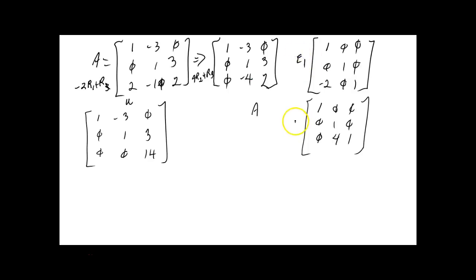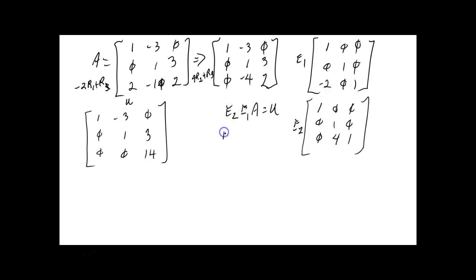Yeah. And this is E2. So we multiplied on the left by E1 and then by E2. Now, we need to do something to get this back to A. And this, by the way, is equal to our U. To get back to A, we are first going to multiply by the inverse of E2, which is going to wipe that out.